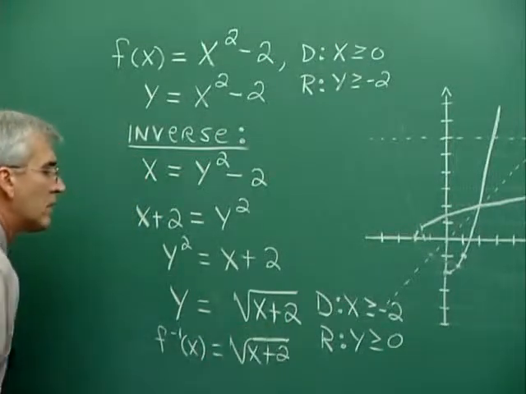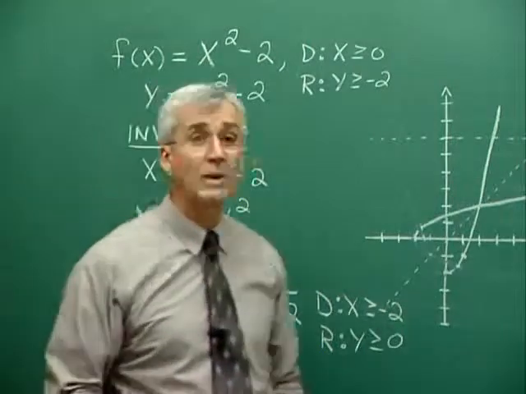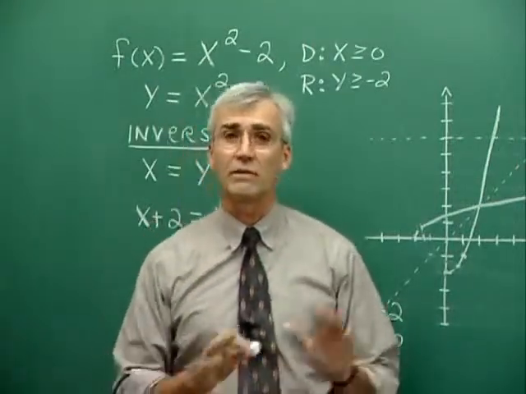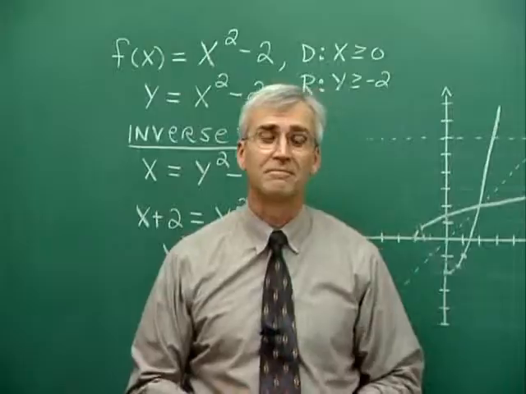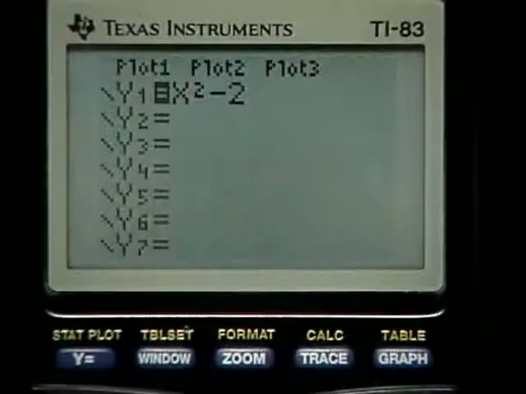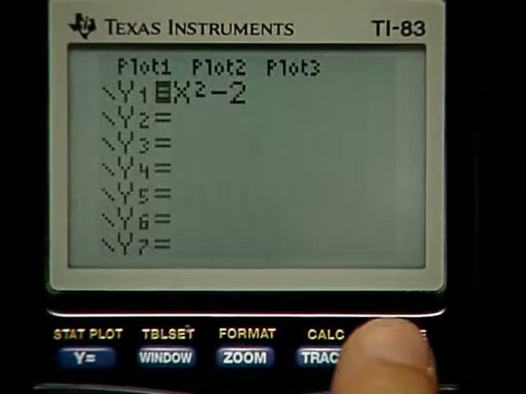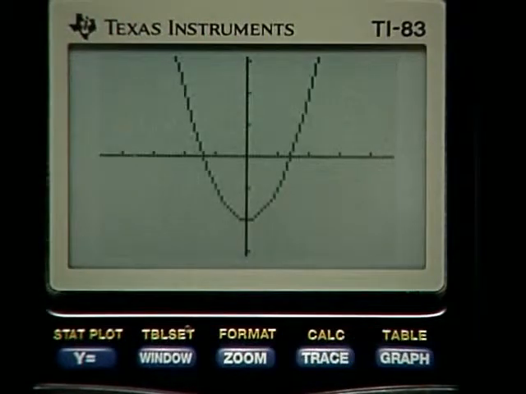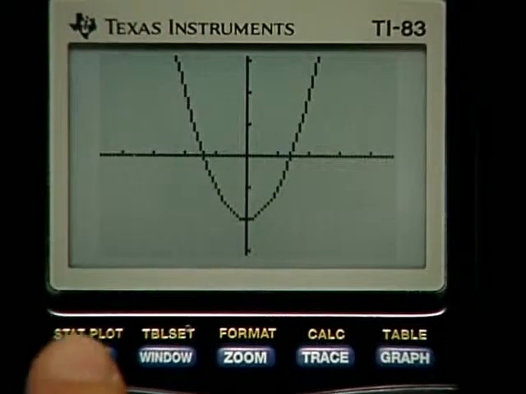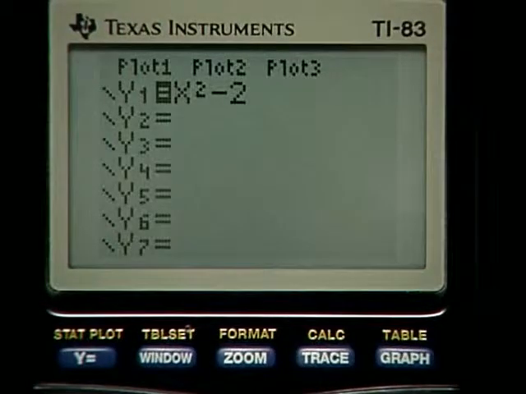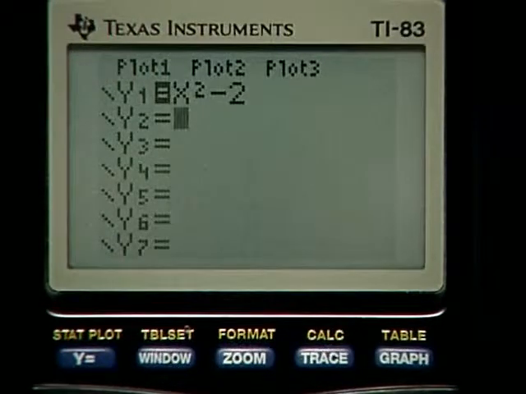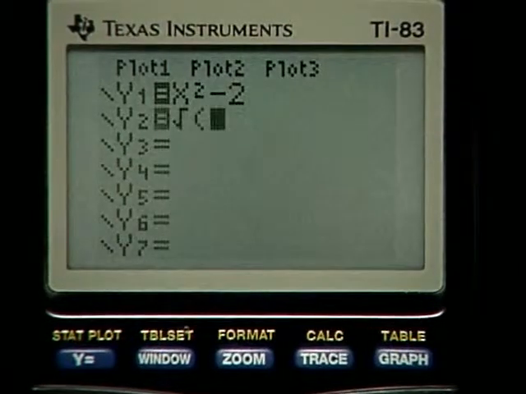Well, the calculator has some rather special capabilities when it comes to graphing functions and inverses. Let's have a look. I've already entered y equals x squared minus 2, and the expected graph looks like this. If we wanted to enter the information about drawing its inverse, we could do it like this. We could go down and actually enter those two equations that would give the inverse relationship. Now, one of them was the square root of x plus 2.